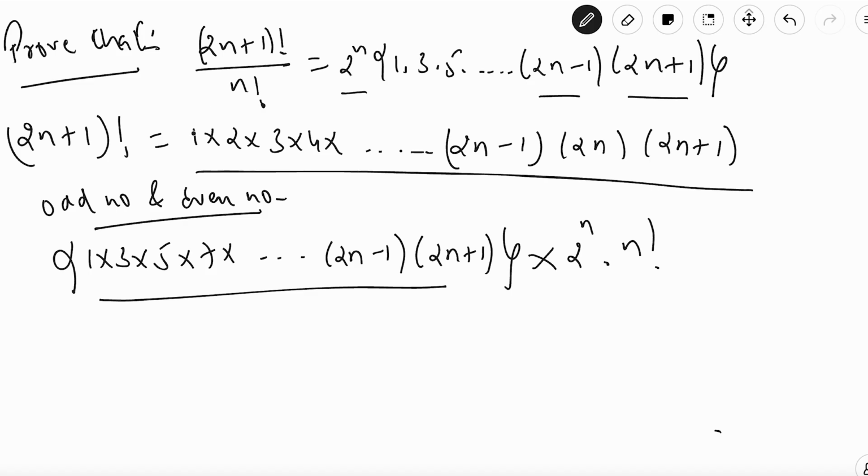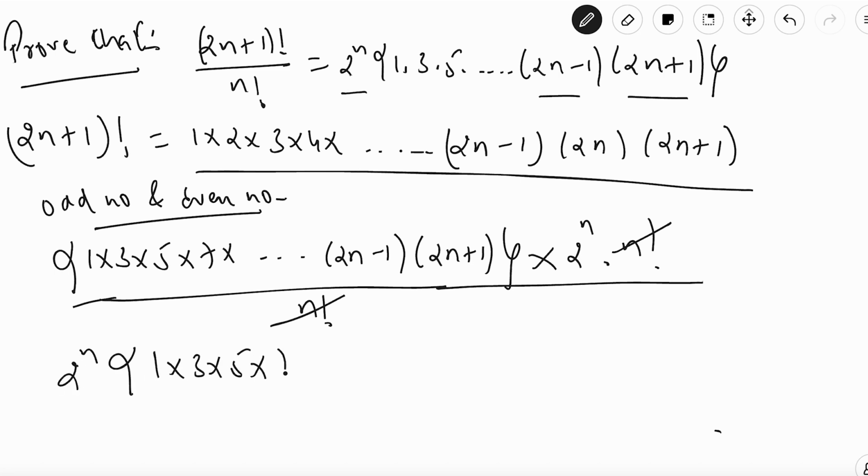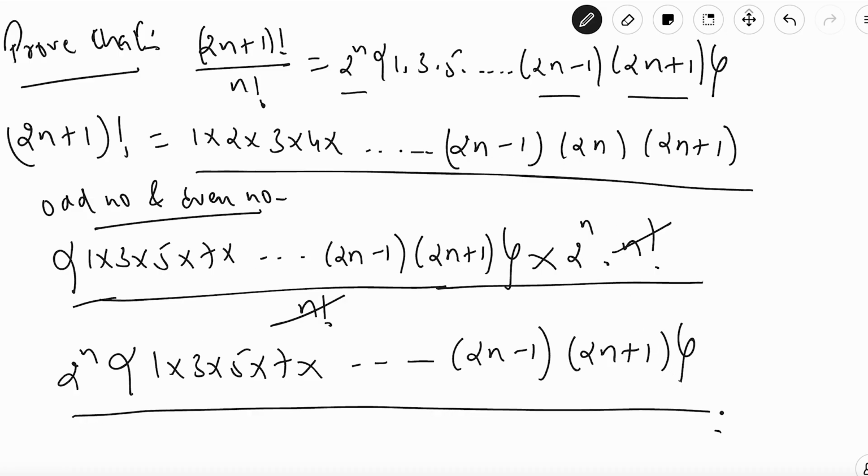And in our question, this was completely divided by n factorial. So n factorial is common on both sides and gets cancelled out. So it remains 2 to the power n, 1 into 3 into 5 into 7 into till 2n minus 1 into 2n plus 1, and this is what is required to be proven here.